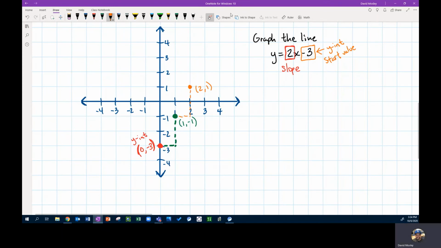Right? So let's see if I can make this work. I'm going to start here. I'm trying to find a line. Extend this out. Longer.